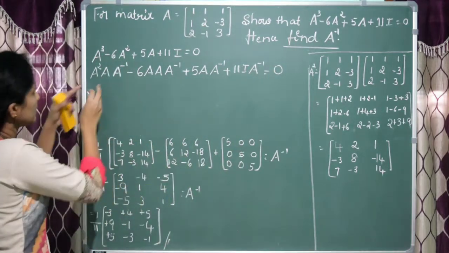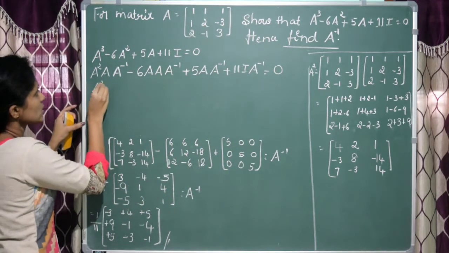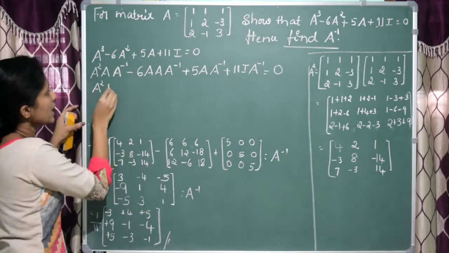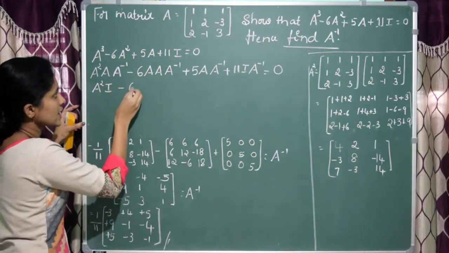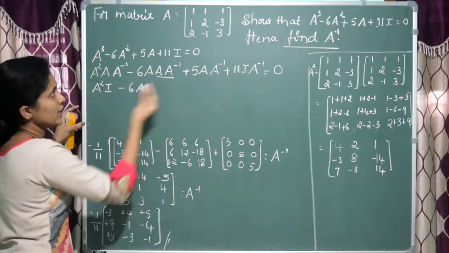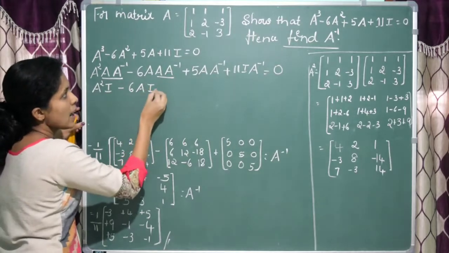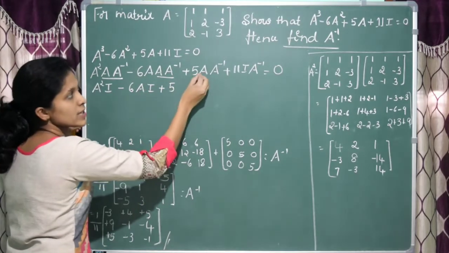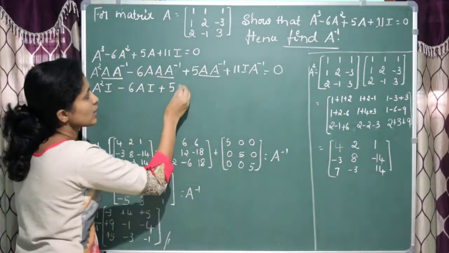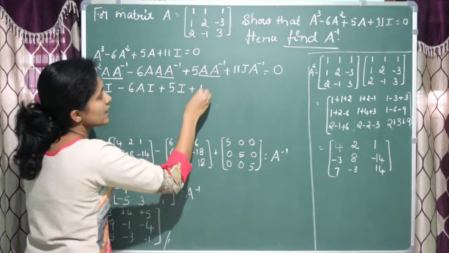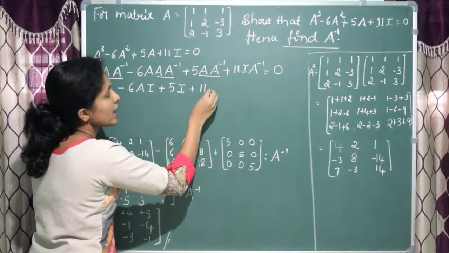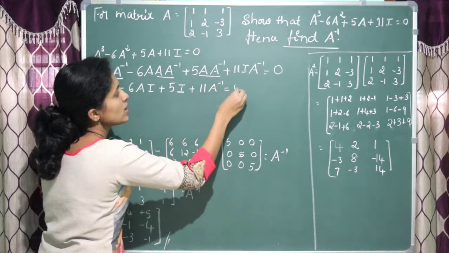Is it clear? Now we will multiply this. We will write this A square, A into A inverse will be I, minus 6A, A into A inverse is I, plus 5, A into A inverse again is I, plus 11, I into A inverse will be A inverse. This is equal to 0.